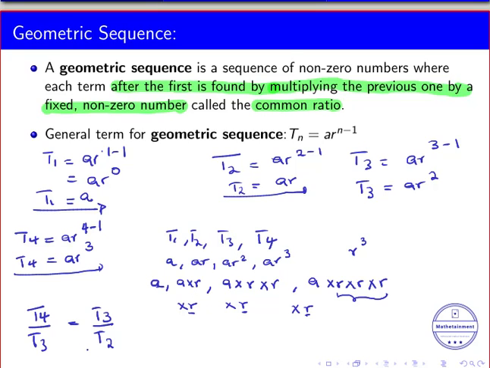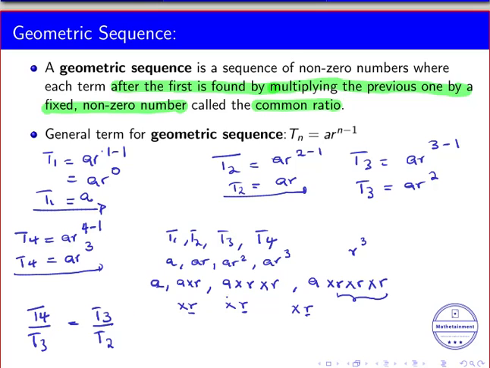If it's not, that means it is not a geometric sequence. Let us assume that it is equal, because here we know that we are dealing with a geometric sequence. So automatically I know that their ratios should be equal.